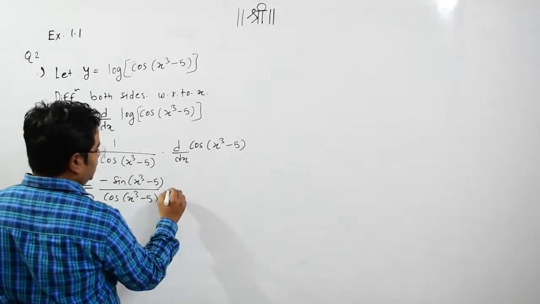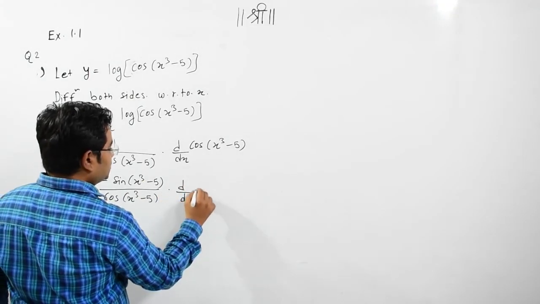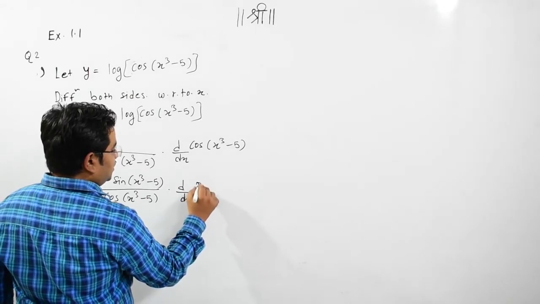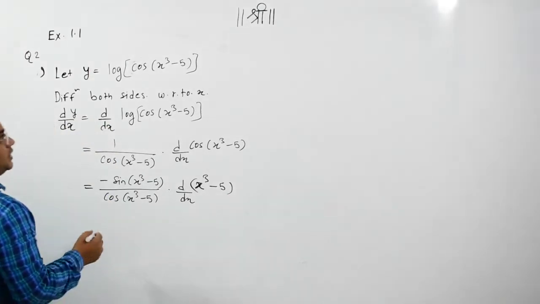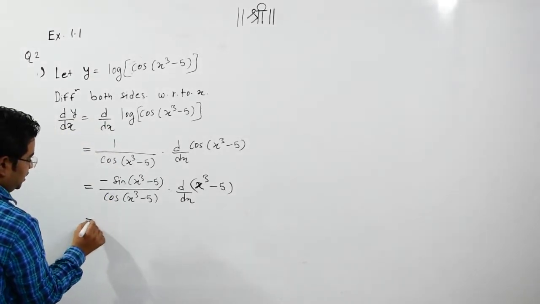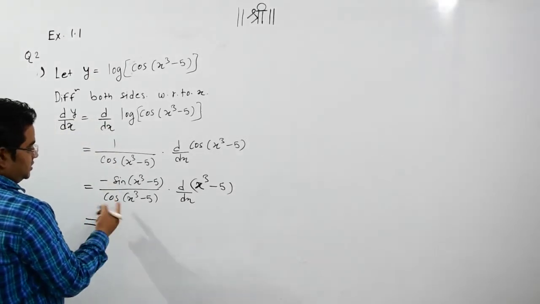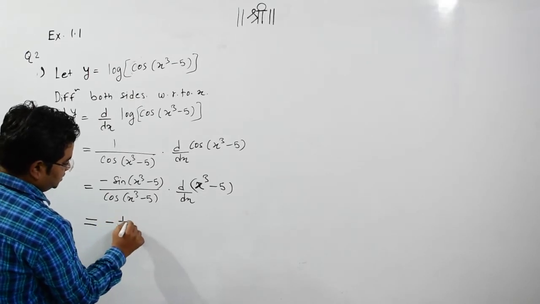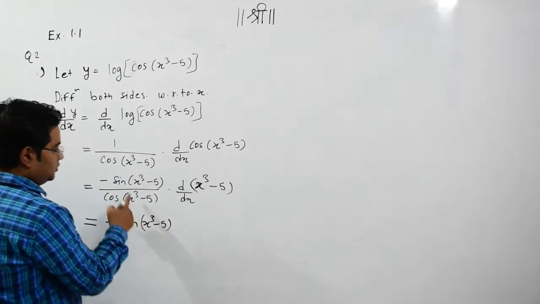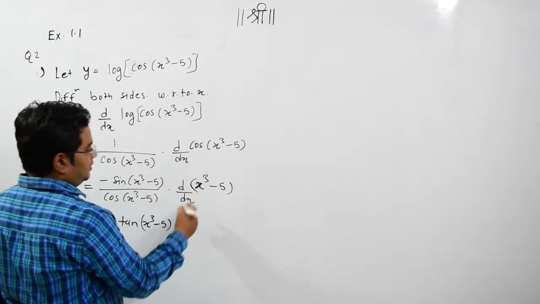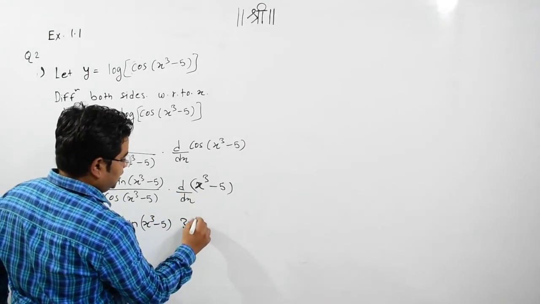Into d upon dx of x cube minus 5. Up to this point certain things are possible. Next step, this is nothing but minus tan of x cube minus 5. Hope you understood it. Now what is the derivative of x cube minus 5? That will be 3x square.